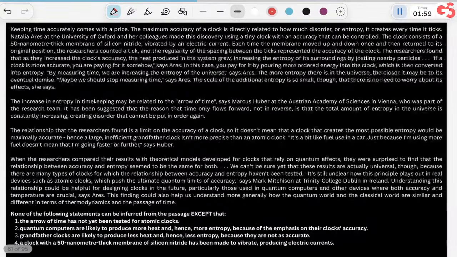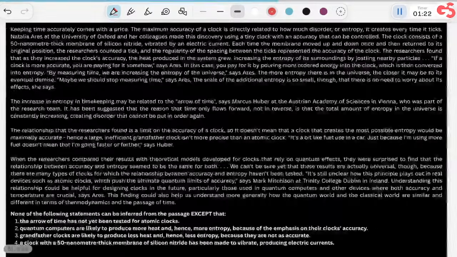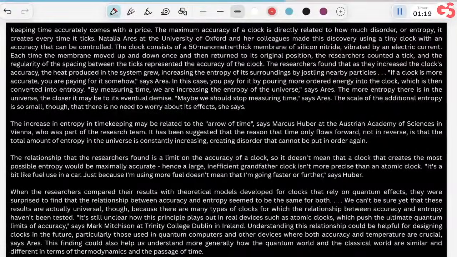Next. Next. हो गया. Now the time for passage starts here. Okay, you'll get 3.5 minutes for this.